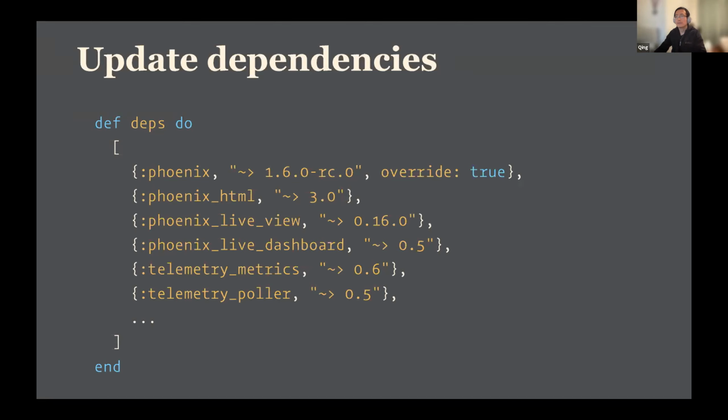Without it, it will cause all kinds of issues when you try to install dependencies. If you wanted to use the new HEEx templates, add Phoenix live view, even if you don't actually use live view. Then obviously run mix deps.get to install the new dependencies.